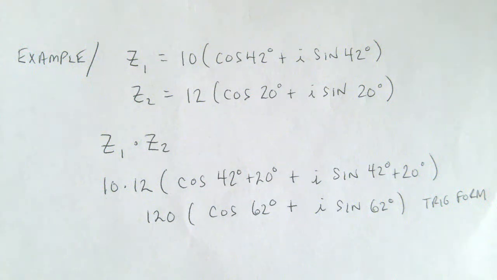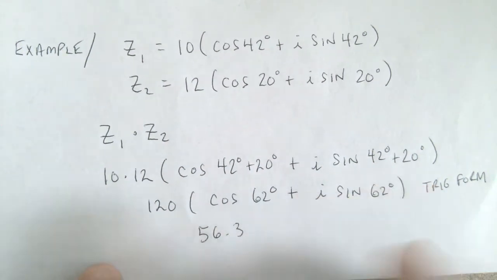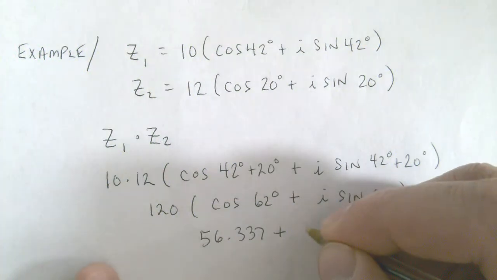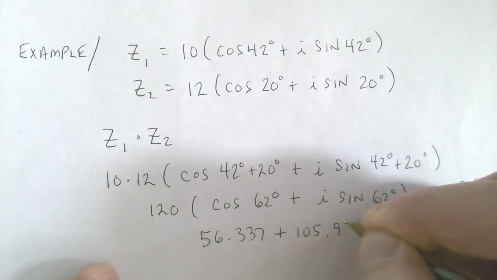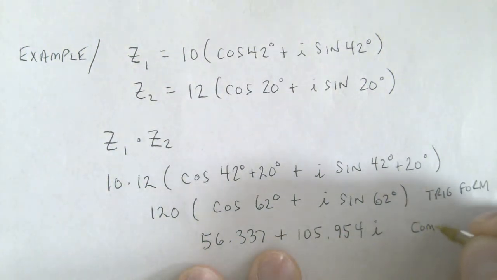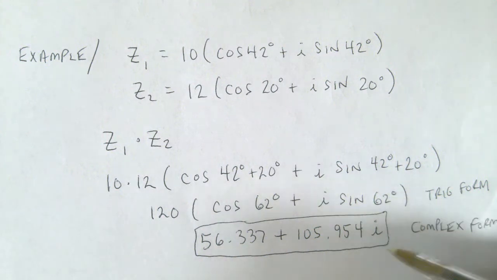So I do the cosine of 62 times 120, and that's going to give me 56.337 plus, and I'm going to do the sine of 62 times 120, and that's going to give me 105.954 I, and that's going to be complex form right there. So trig form, complex form.